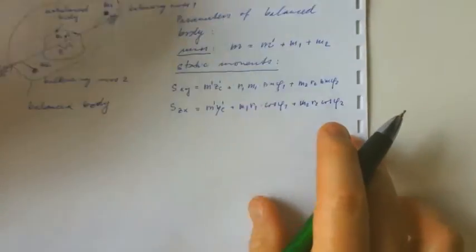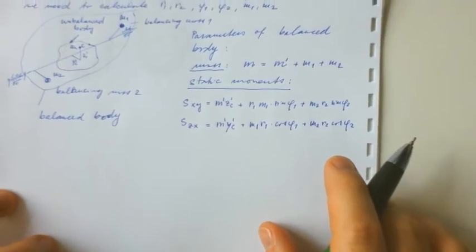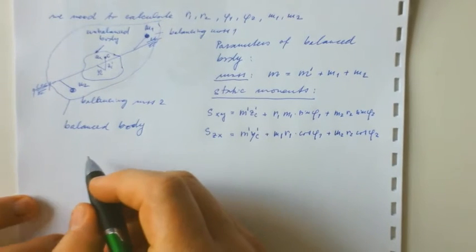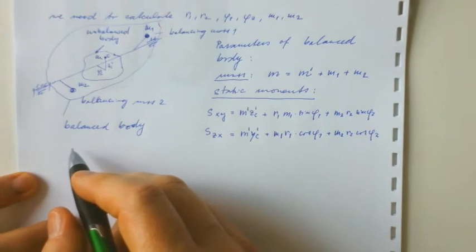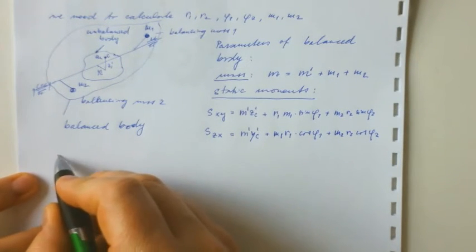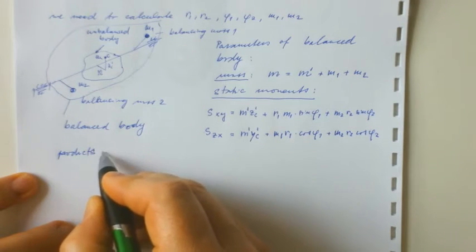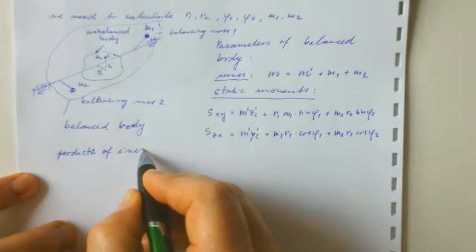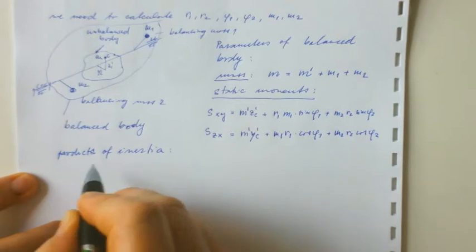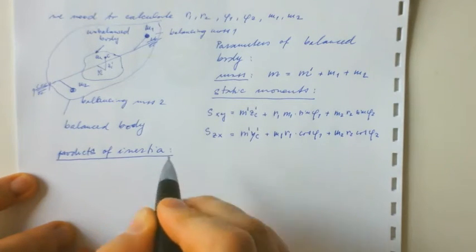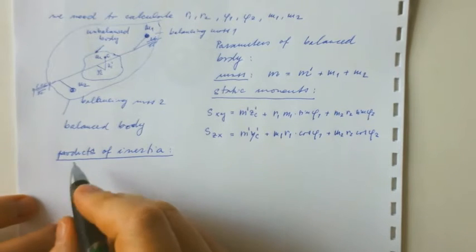Another property of the balanced body is the products of inertia.